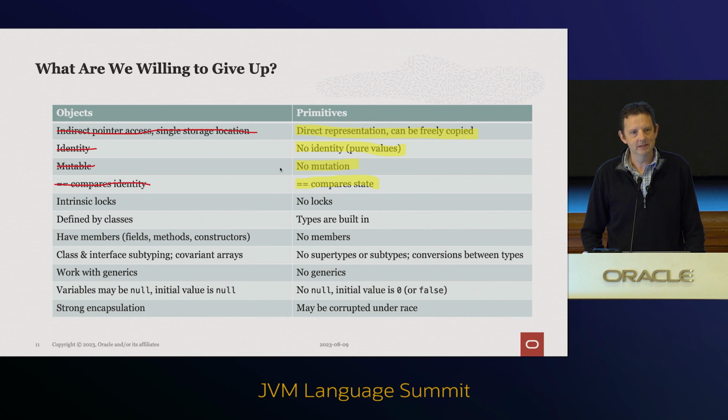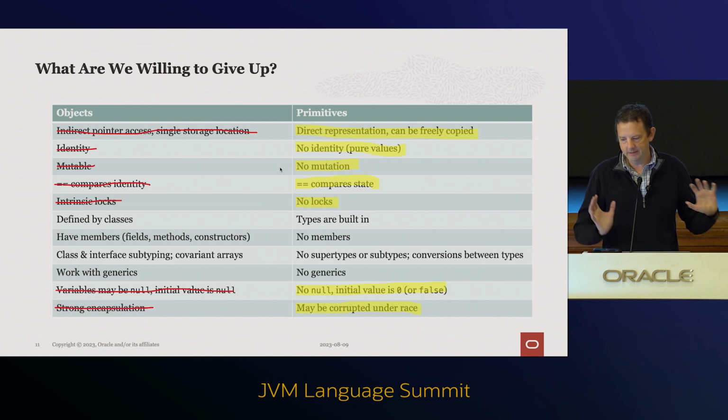It also implies the equals operator needs to be operating on state instead of some sort of identity. It means we give up our locks. Also down at the bottom, null creates some problems for the kind of memory layout we're after. And that strong encapsulation that objects guarantee might need to give up some of that as well.